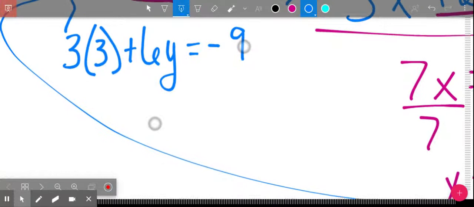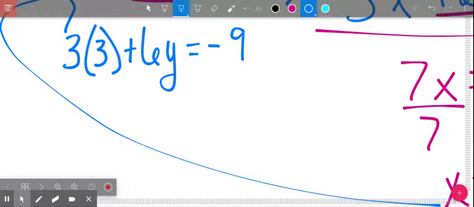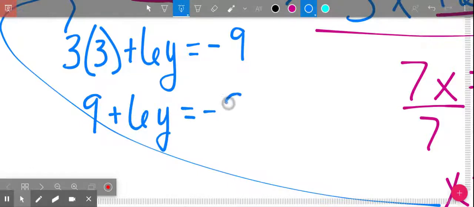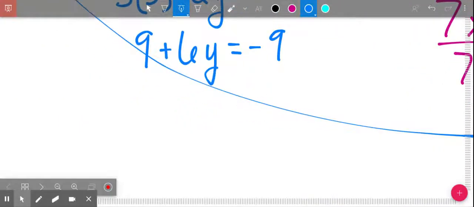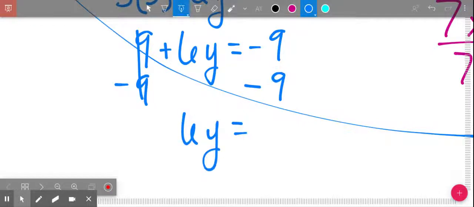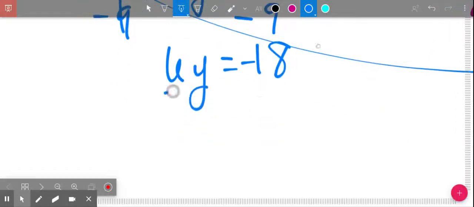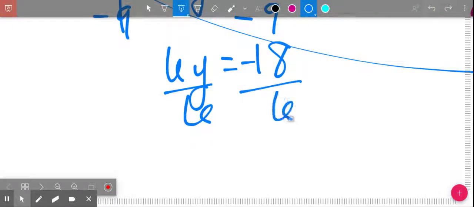And then I just have to simplify and solve. So 3 times 3 gives me 9, plus 6y is equal to negative 9. Subtract that 9 over. That'll cancel. I have 6y is equal to negative 9 minus 9 gives me negative 18. Divide out the 6. I'll have y is equal to negative 3.